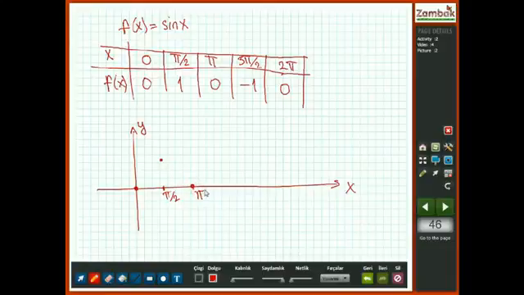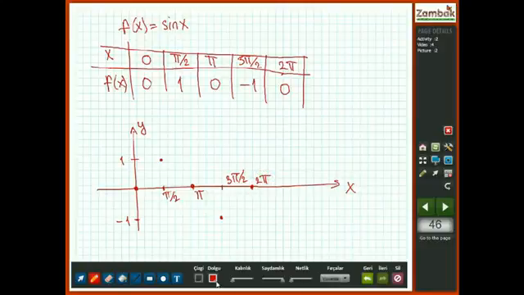And when x is 3 pi over 2, y is equal to -1 here, that is this point. This is 3 pi over 2. When x is 2 pi, y is also equal to 0.